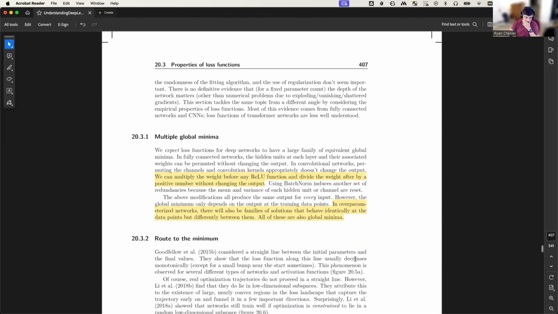So one of the things that they were talking through was the way these networks are set up, you can actually have many different variations of weights that yield exactly the same result. That works in our favor, because for certain things you can be within a range and it's actually equivalent.